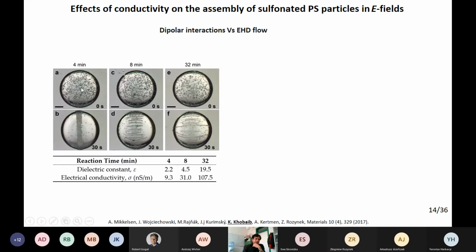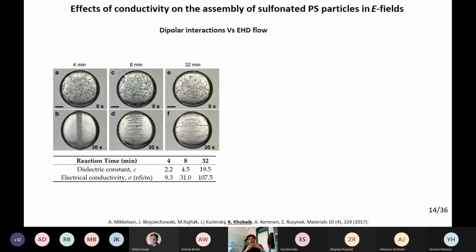When we applied the field for the 4 minute, we found that the particles form a ribbon-like structure because electrohydrodynamic flow is dominating. But for the 8 minute sulfonation, they form chains at the middle of the droplet, called the equator, and also form chains. It means that the dipolar interaction and the electrohydrodynamic flows are both acting together.